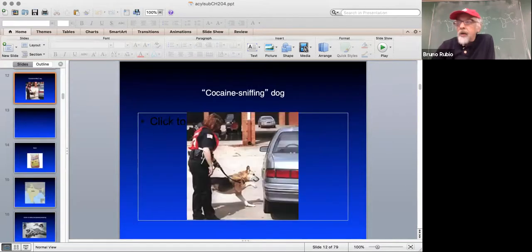And they brought out the cocaine sniffing dogs. They didn't find anything. They didn't find the stuff because there was no stuff to be found. But being who I am, I became very interested in the chemistry of cocaine and the chemistry of the cocaine sniffing dog. And what it turns out is that cocaine itself has no odor.